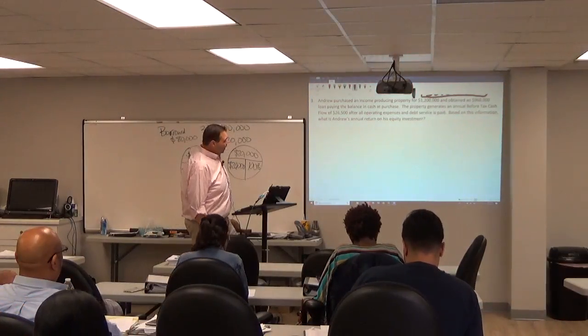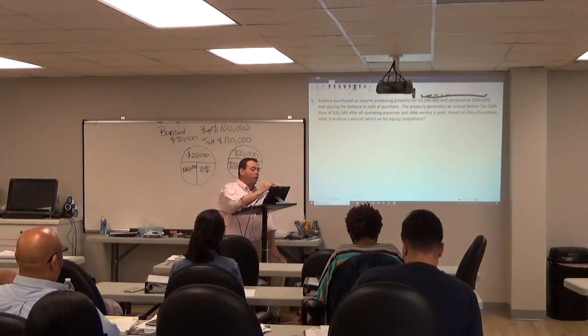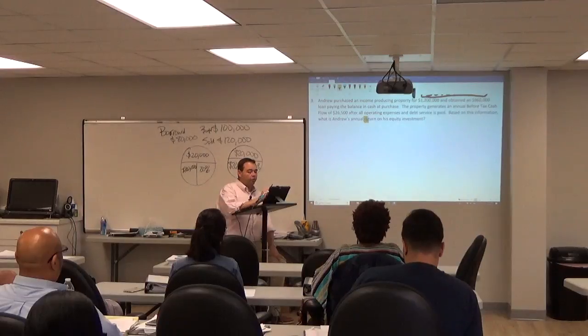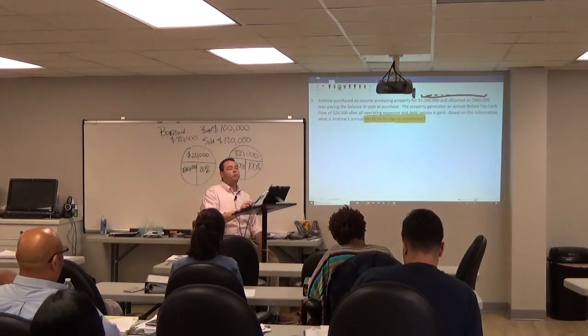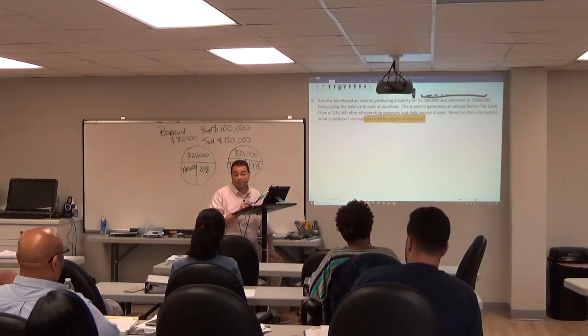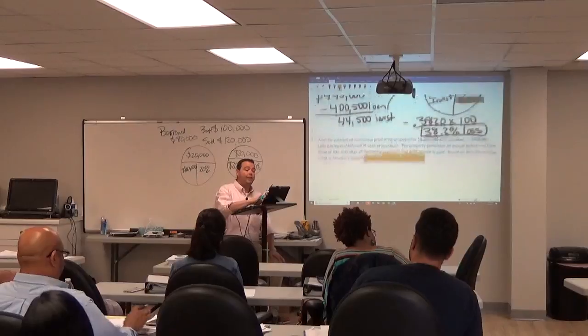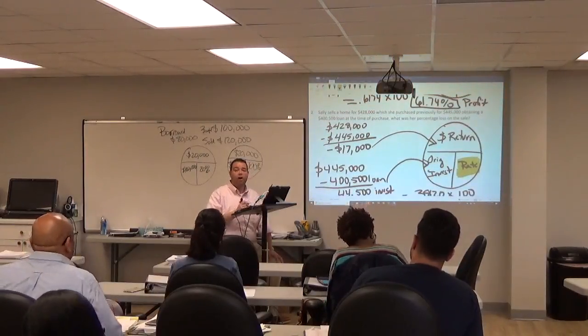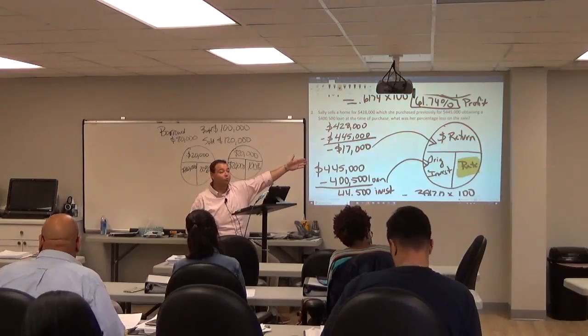So, again, look at the question. What are they asking me for? What is my return on equity? That's a fancy way of saying what is my return on investment. And return on investment is exactly the same formula that we've been dealing with all the time, right? Look at it. It almost says, literally, return on investment.